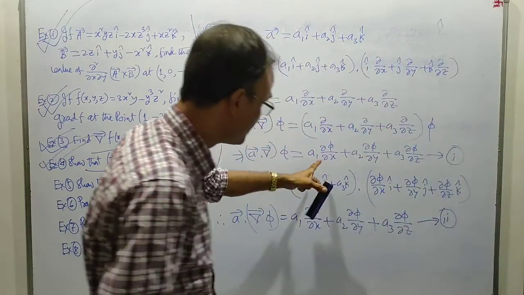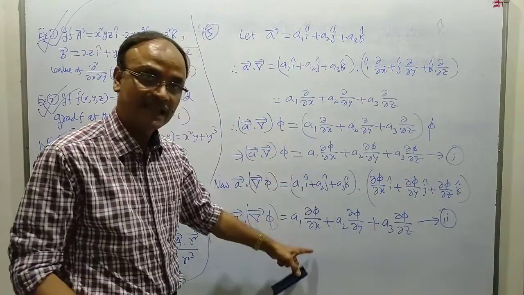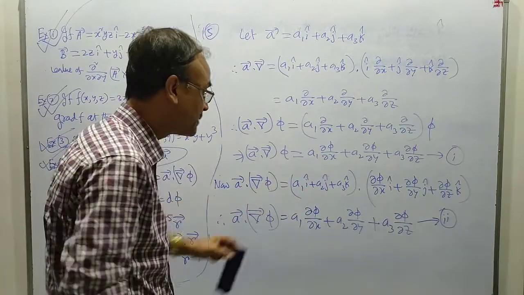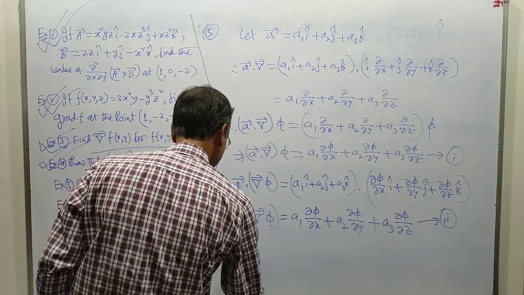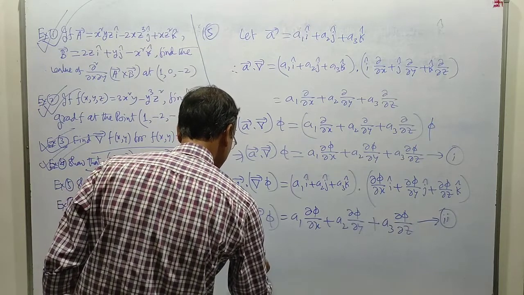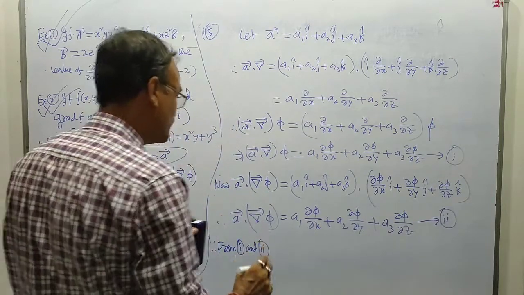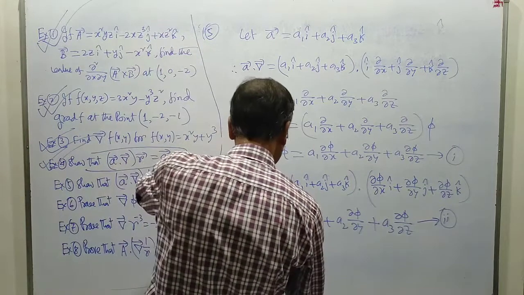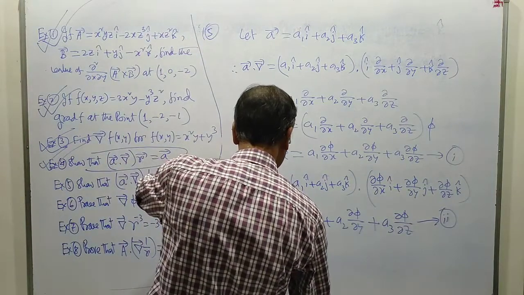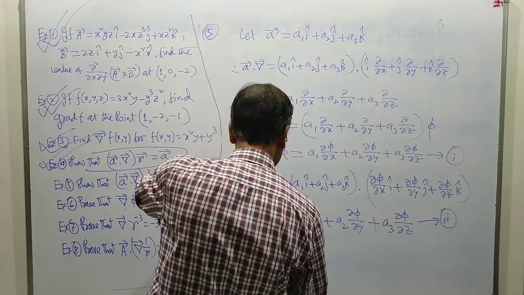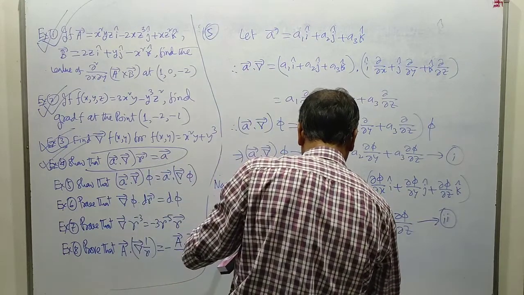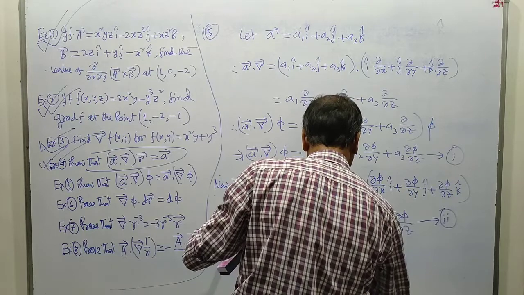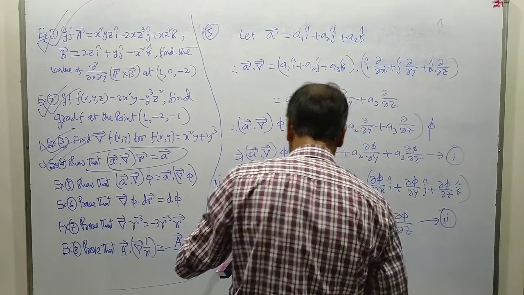The right sides of 1 and 2 are the same. Therefore, from 1 and 2, a vector dot nabla phi is equal to a vector dot the gradient of phi.